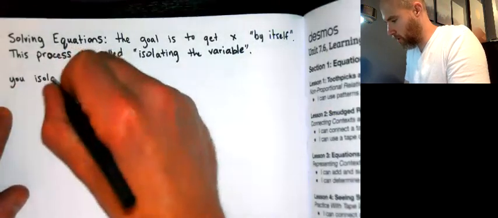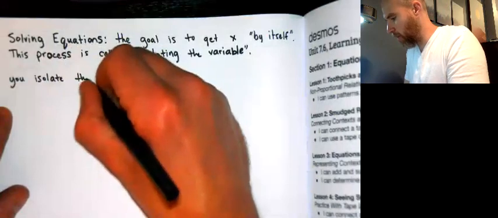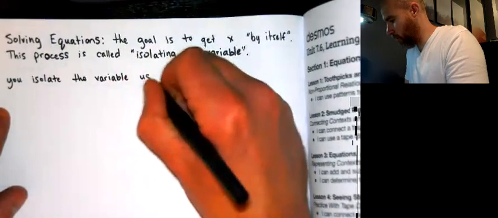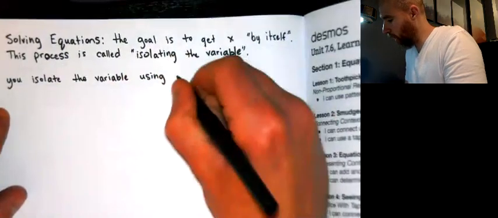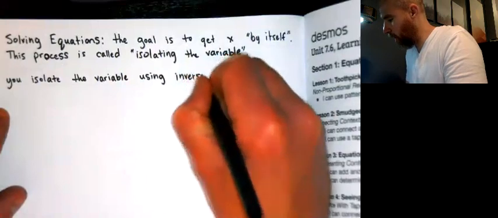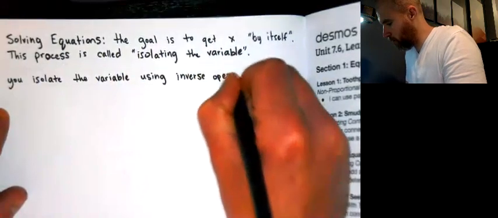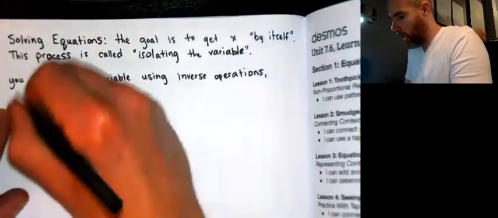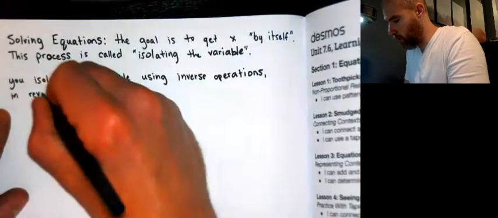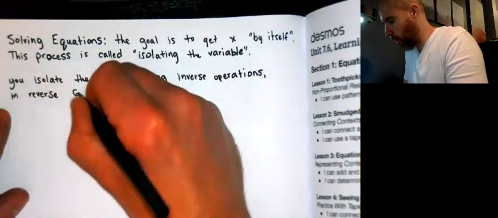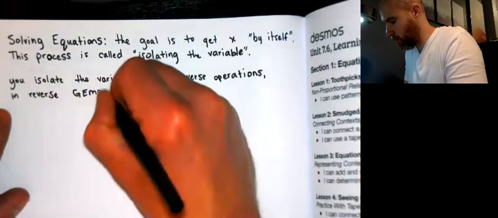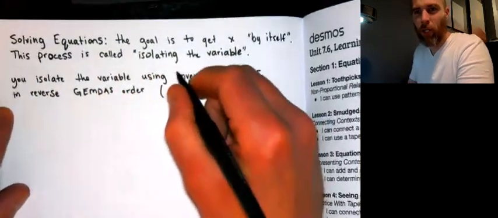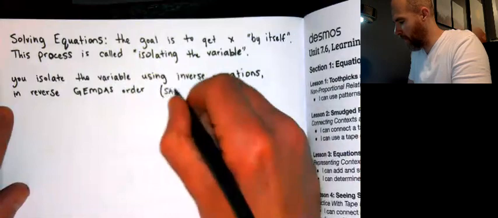Isolate the variable using inverse operations in reverse GEMDAS order, which humorously comes out to SADMEG.